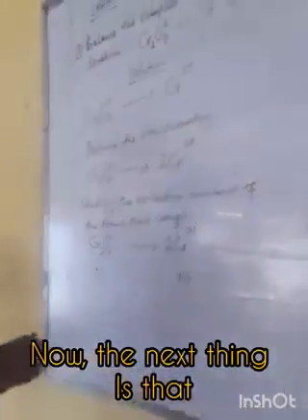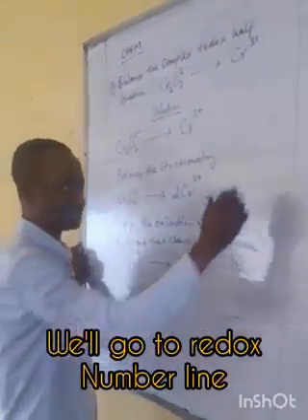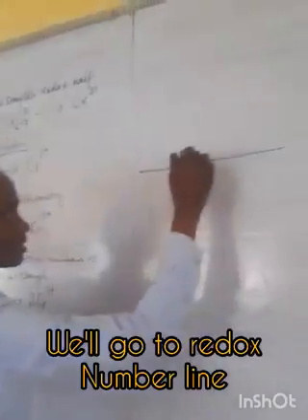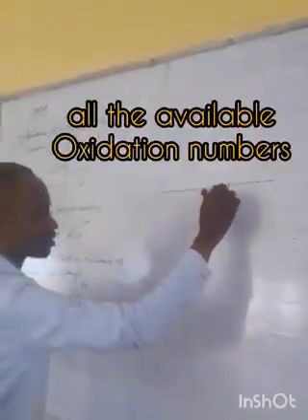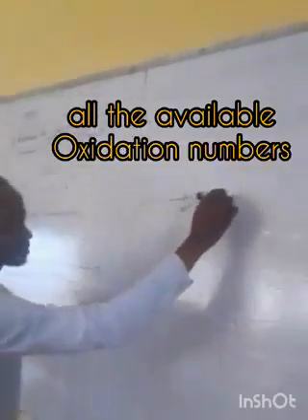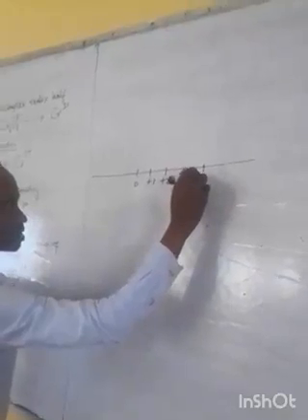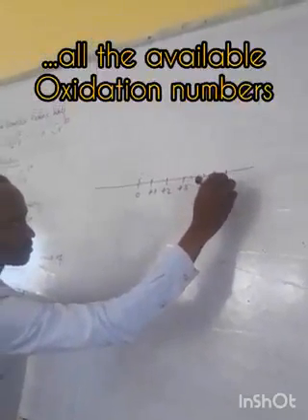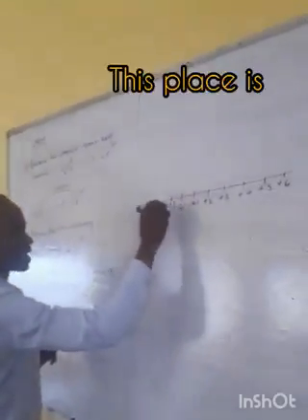Now, the next thing is that we will go to the redox number line. The redox number line shows all the available oxidation numbers. This place is negative.